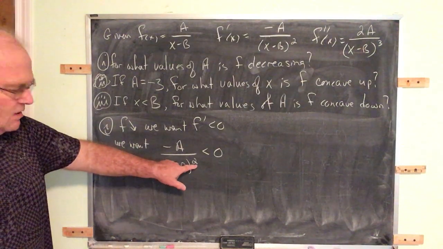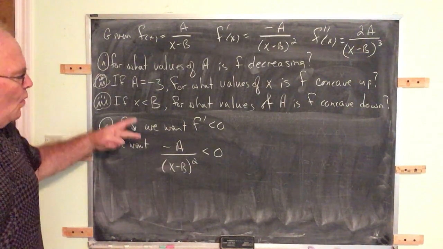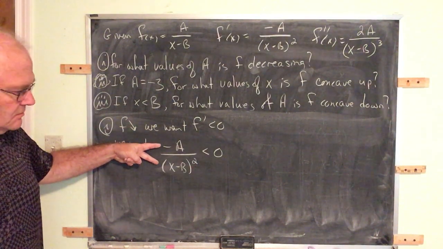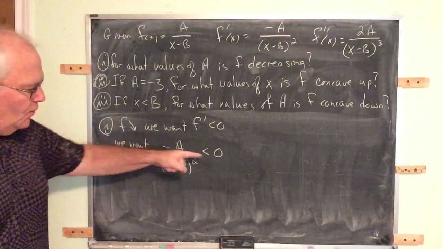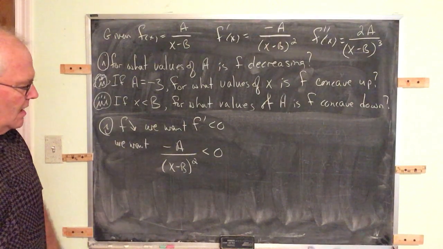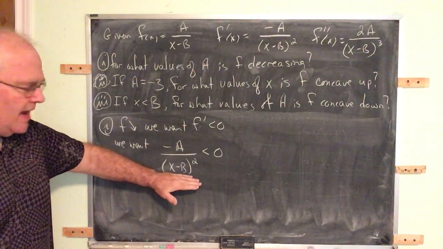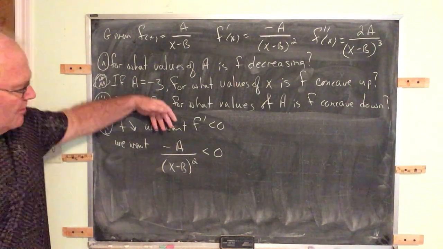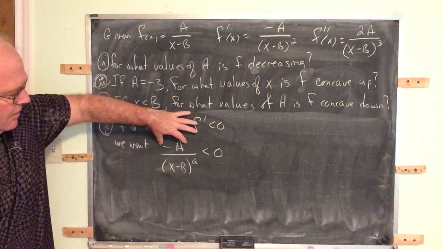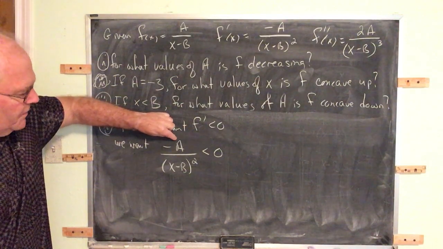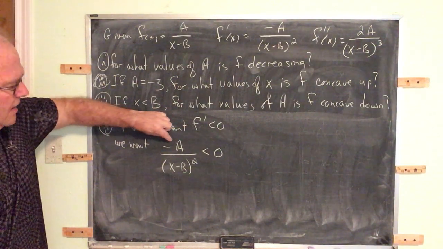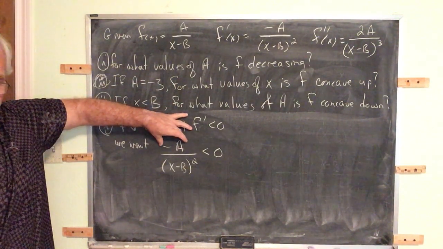Now the key is this quantity is getting squared. We have a fraction, and we want it to be less than 0. That is to say, we have a fraction which is negative. And we know the denominator is always positive. Now a person might argue this numerator must always be negative, but that's not the case. If a itself is 4, then we have negative 4, and yes, this numerator is negative.